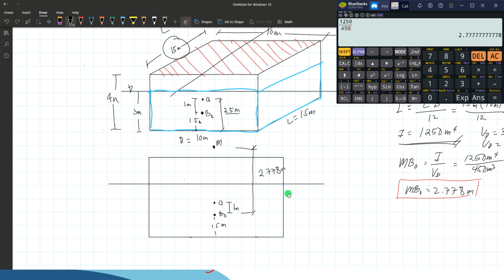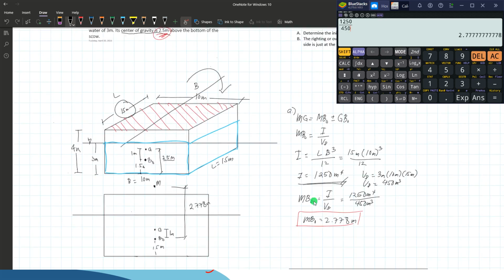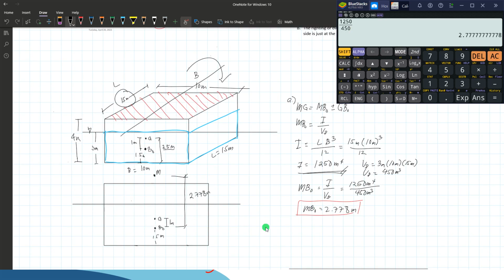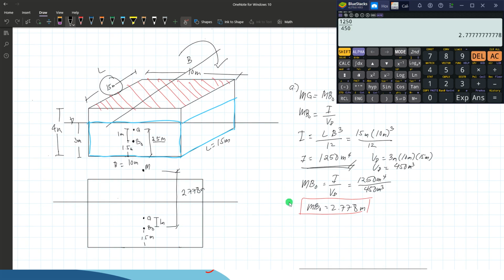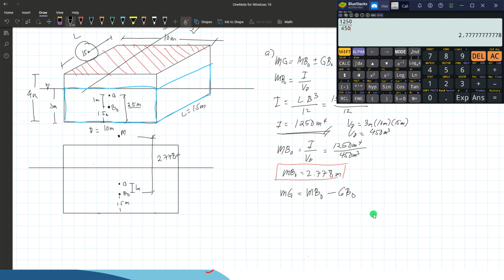So M is above G. By inspection here, MG is just equal to MBO subtracted by GBO.